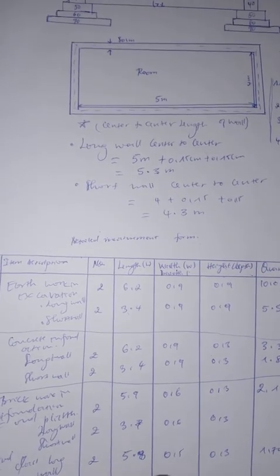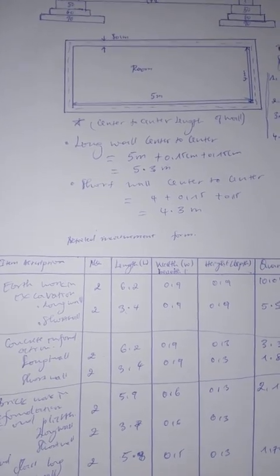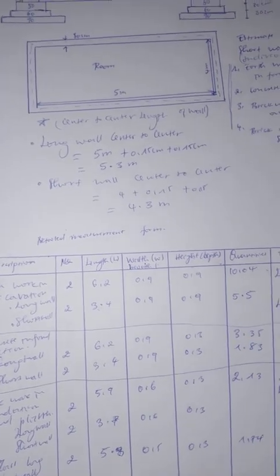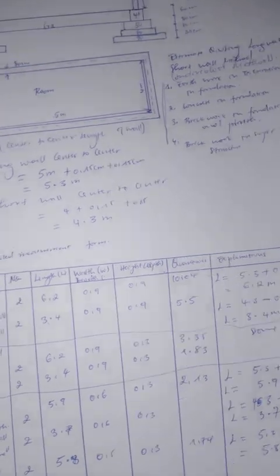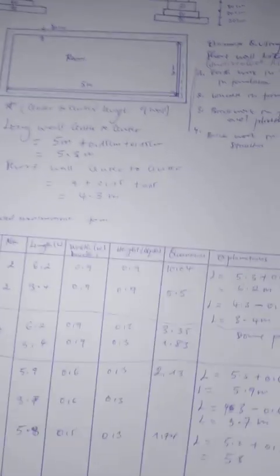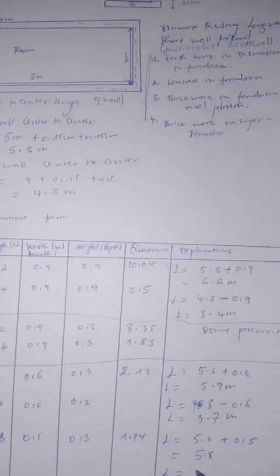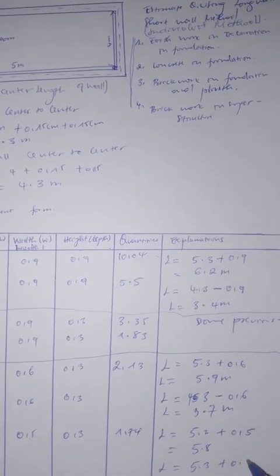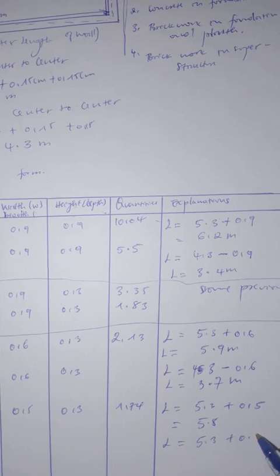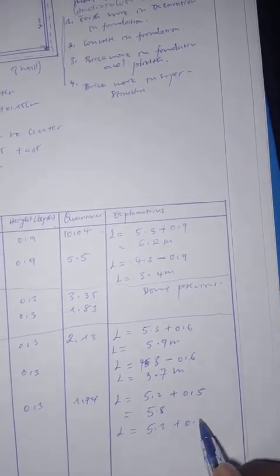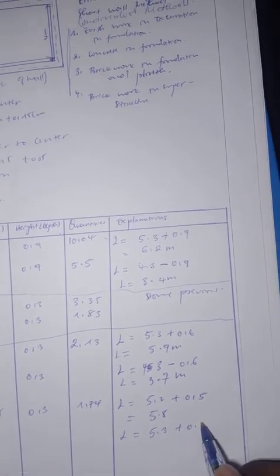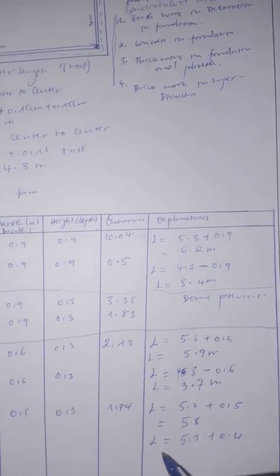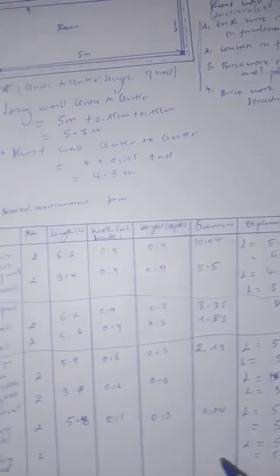Third class for long wall, we get 2 as numbers. Then the length is equal to 5.3 plus 0.4, which gets 5.7.